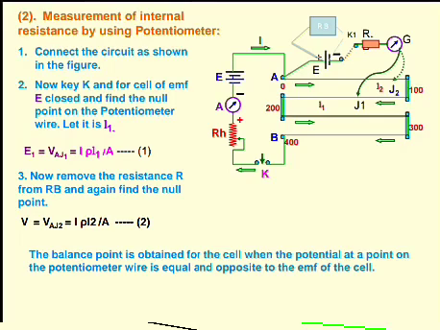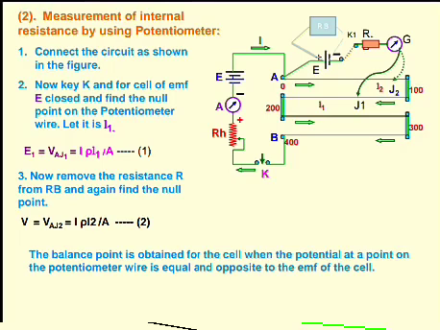Let the balancing length for the potential drop across the terminals of this resistance be L2. Then V is equal to I rho L2 upon A, that's equation 2.